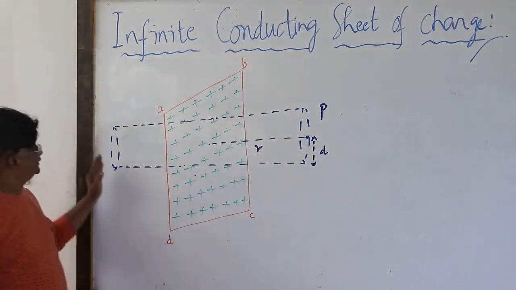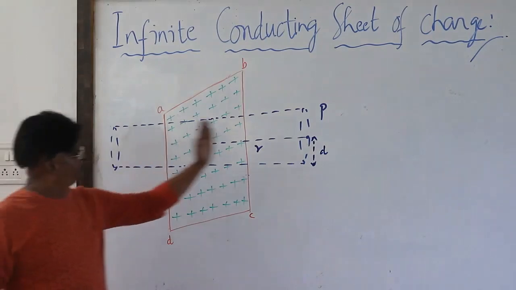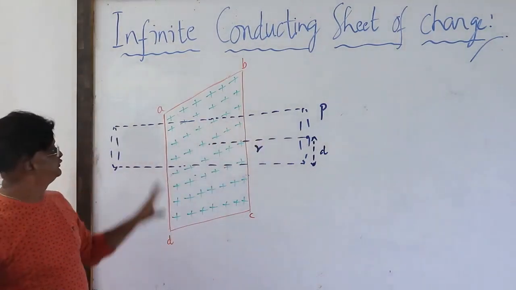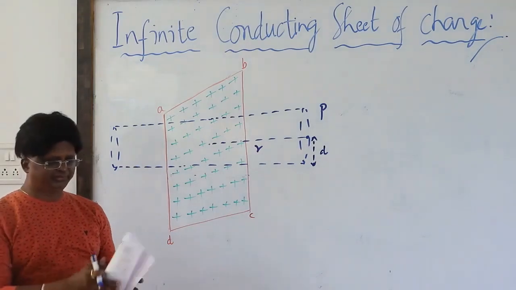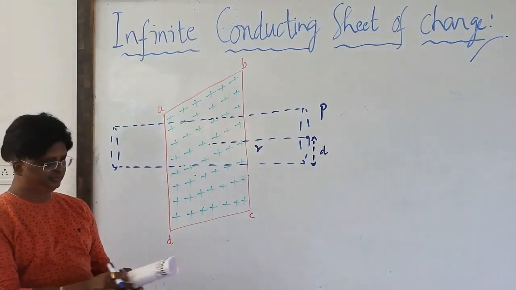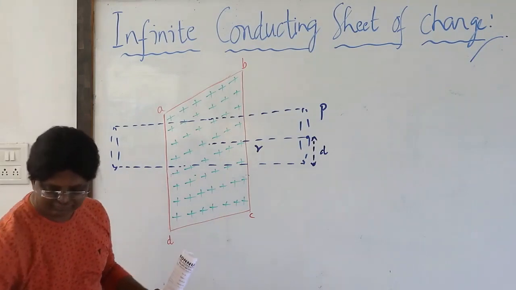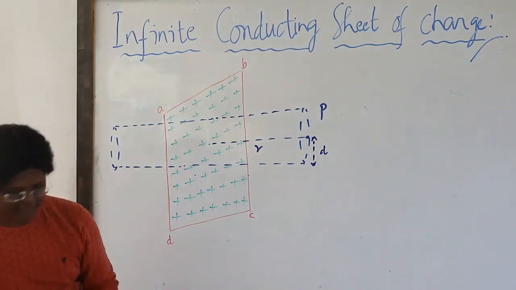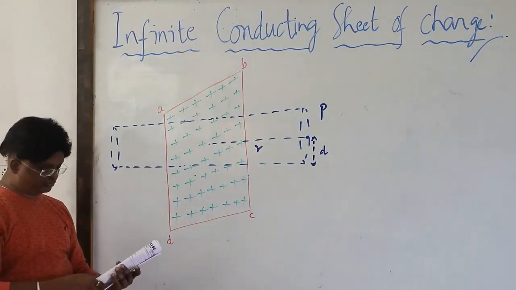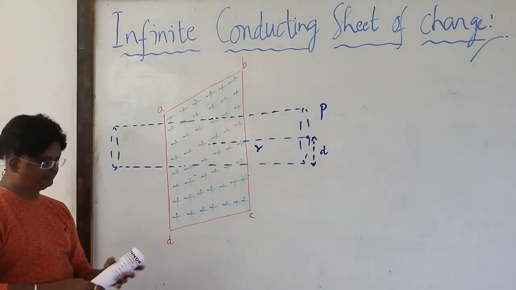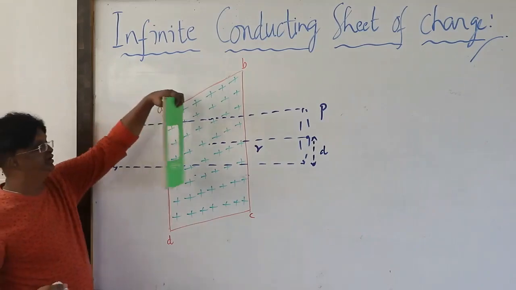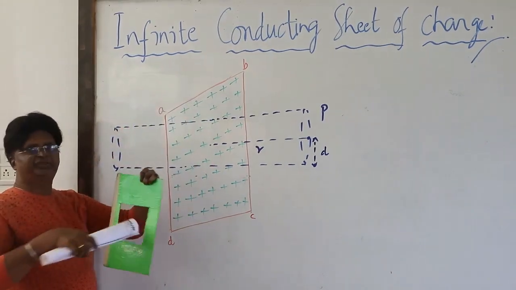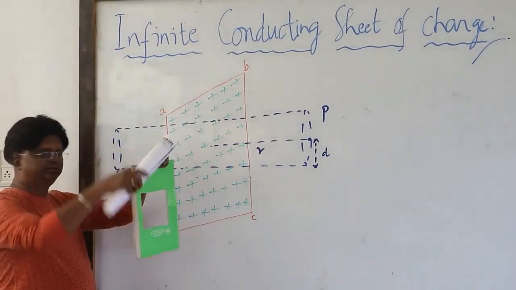Now, one more time we look at this Gaussian surface, the same Gaussian surface which you got earlier. I have kept this ready to show you to have the correct picture of our geometry. If this is our sheet of charge, of course this is a cut view, don't think about it, it is continuous.